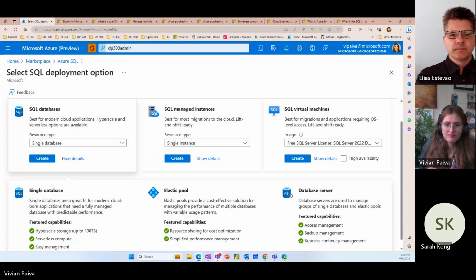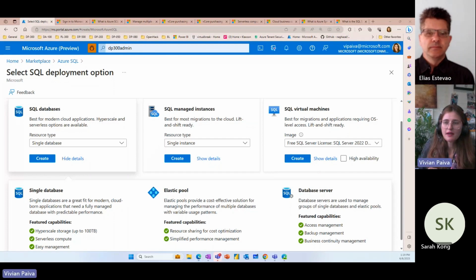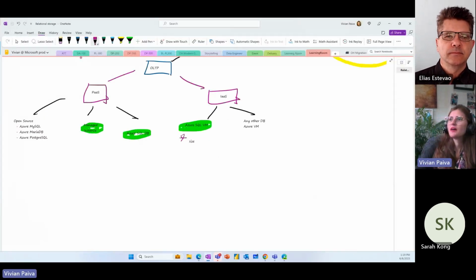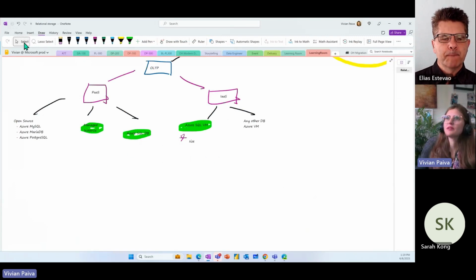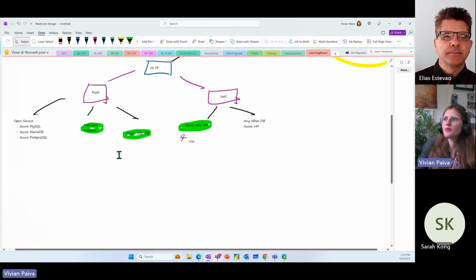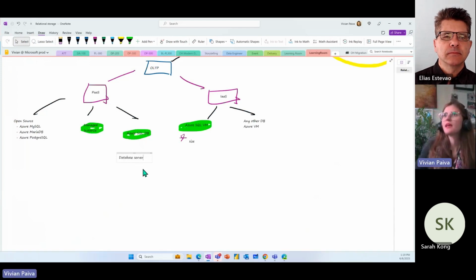So the first thing that we need to do here, when we choose the Azure SQL DB, is to deploy a database server. We do not deploy any resource. We just need to choose the region where we're going to place this endpoint.